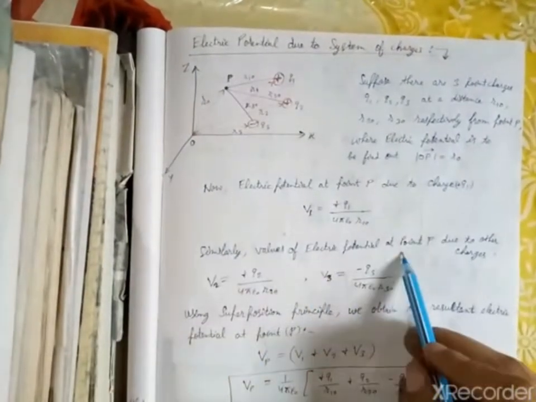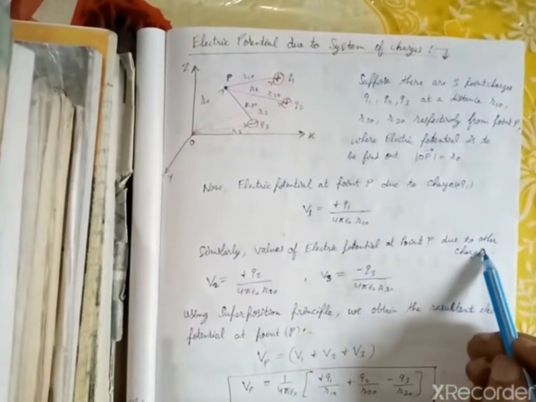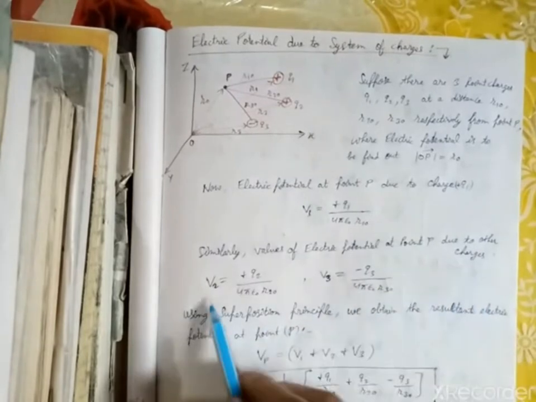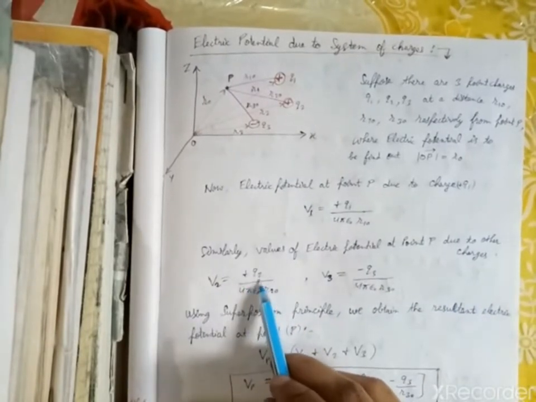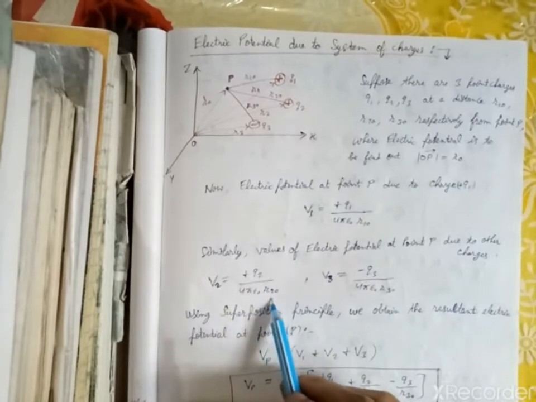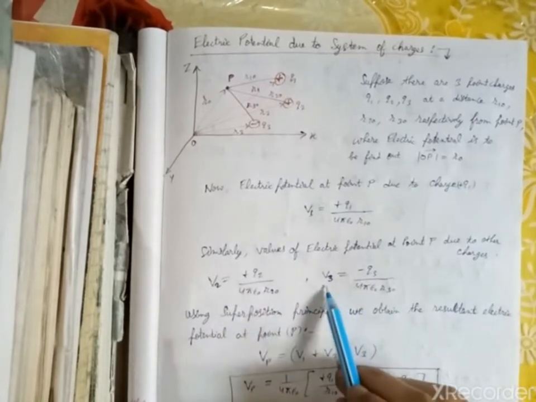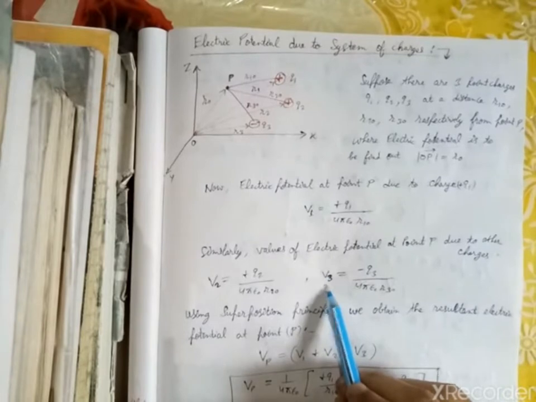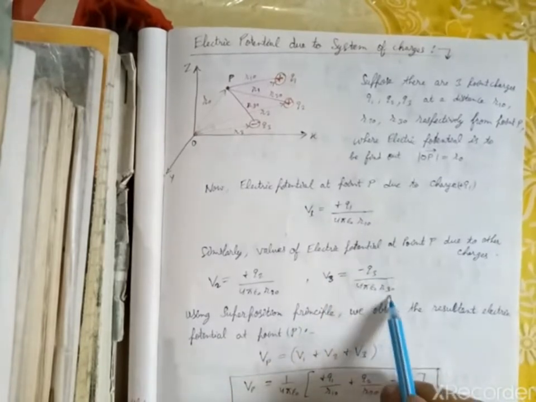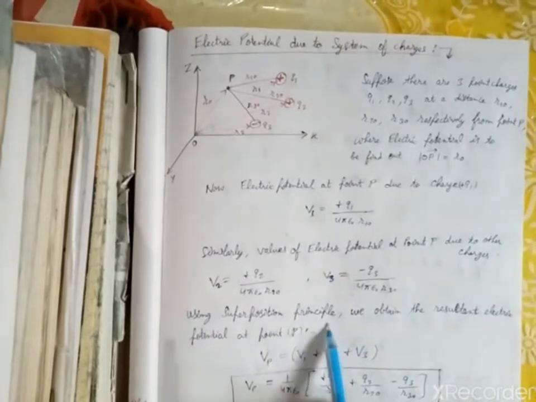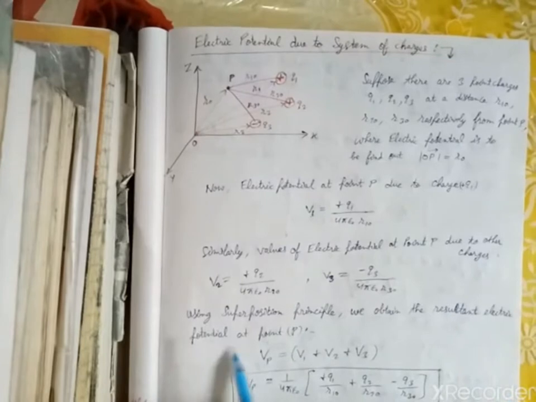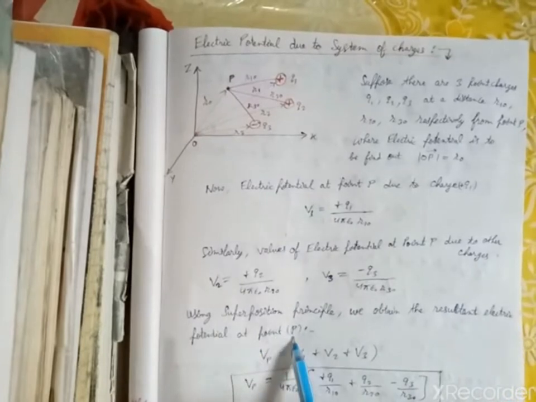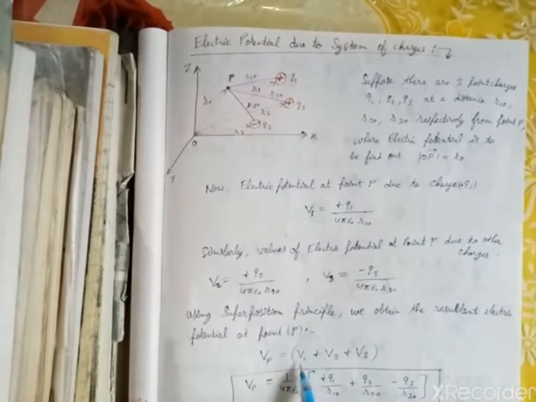Similarly, the electric potential at point P due to the other charges: v2 is equal to plus q2 upon 4 pi epsilon naught r20, and v3 is minus q3 upon 4 pi epsilon naught r30.